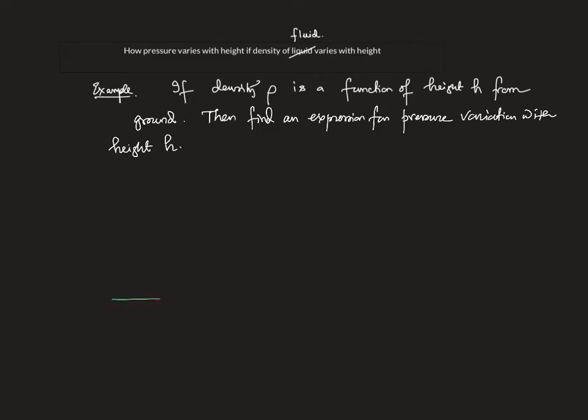So we choose this as the ground level, and say at a certain height h the pressure is p, and at this point the density of the liquid is also rho.